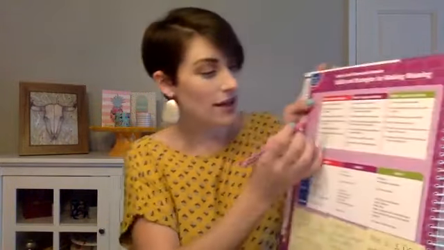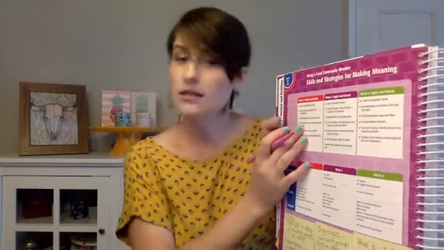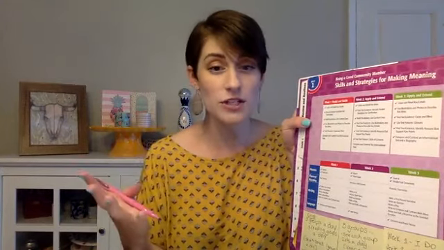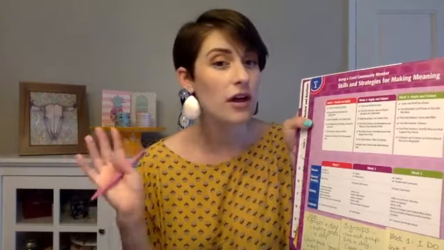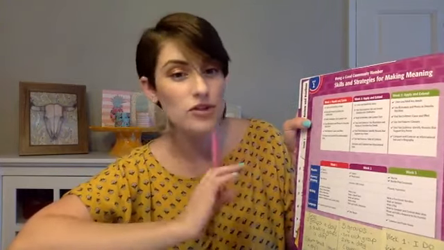Thank you. All right, the next strategy we've got down here is use illustrations and photos to describe key ideas. Now, that is the standard that revolves around graphic features. So it's illustrations in fictional text, or it might be like a chart or a graph in nonfiction, or photograph caption.